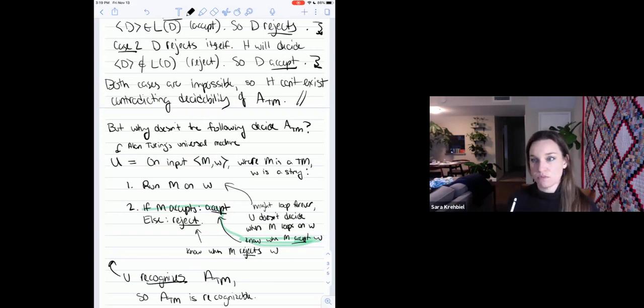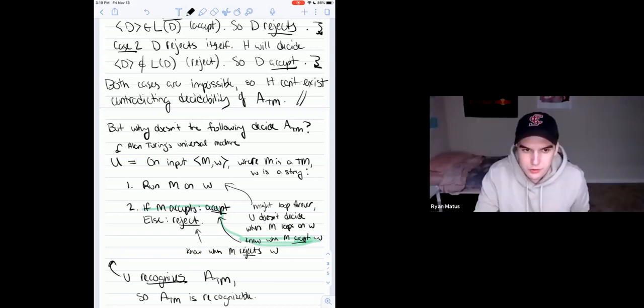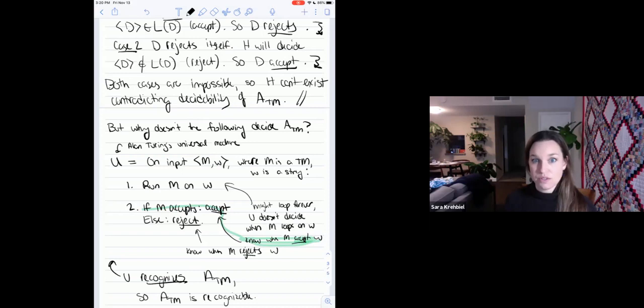Remember that a recognizer always outputs yes when the answer is yes, but there's no guarantee about what happens when the answer is no. So is that when we used co-recognition, or whatever that term was earlier? Yes. Yep.